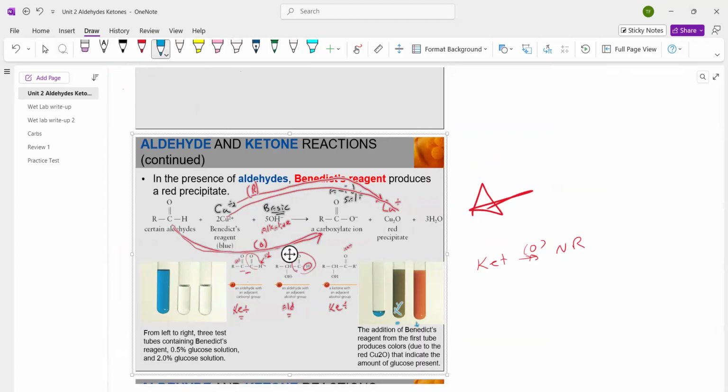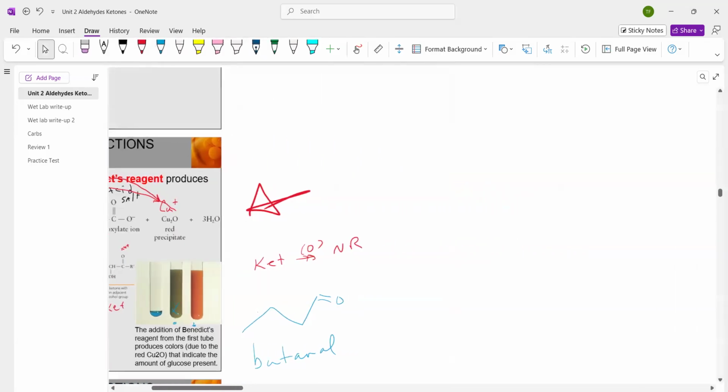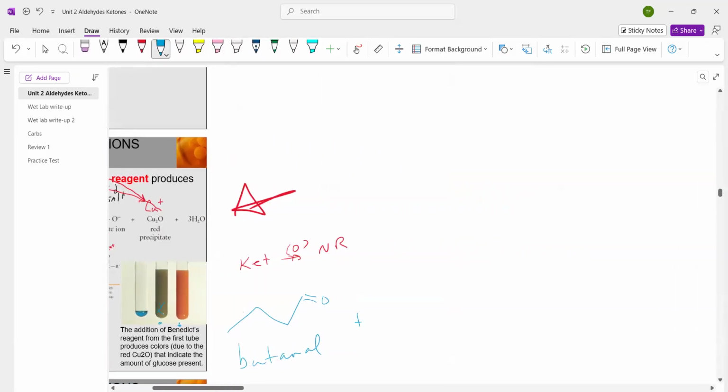Okay, so let's do an example of this one here. Let's do the same 4-carbon butanal plus copper 2+ in an alkaline environment, basic environment.